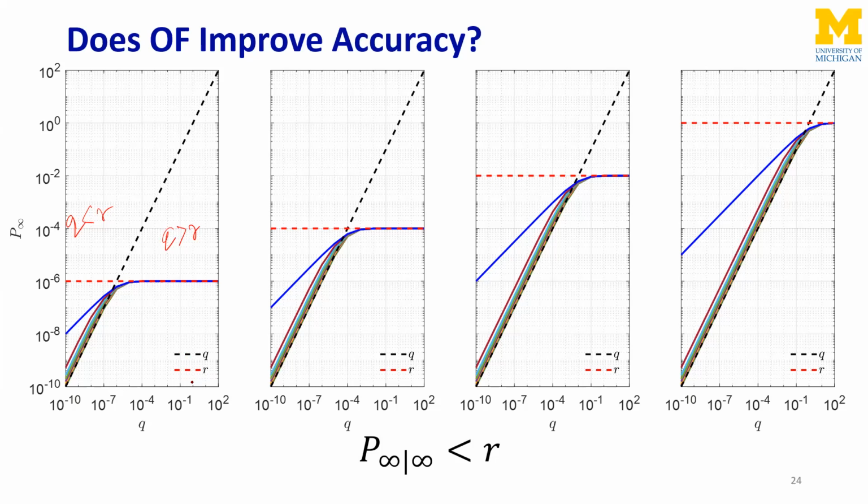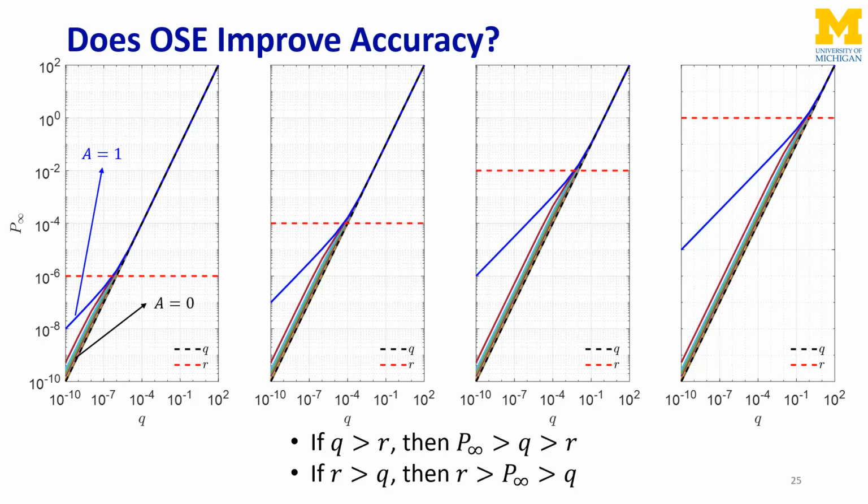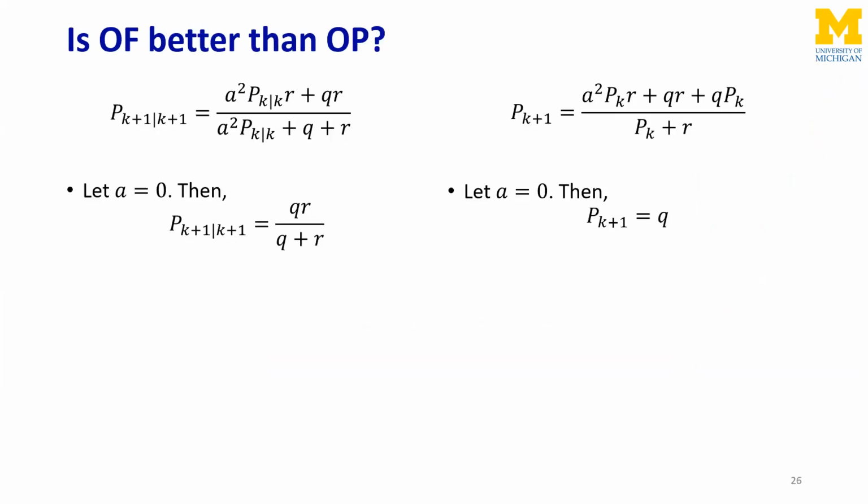So the filter always improves whatever you are getting from your measurement. And like I said, if your model is really good, your state error covariance is going to go down really fast. And this is again the comparison with the predictor experiment.